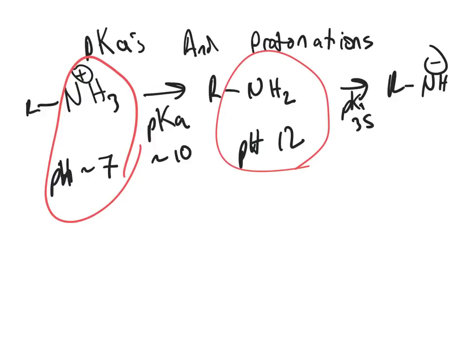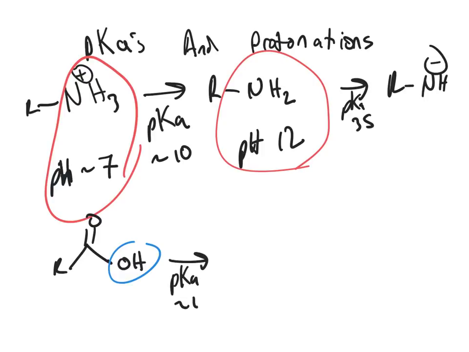The other one that you're really going to be dealing with is going to be this carboxyl OH here. So this OH has a pKa of around 4. And I'll draw the other.